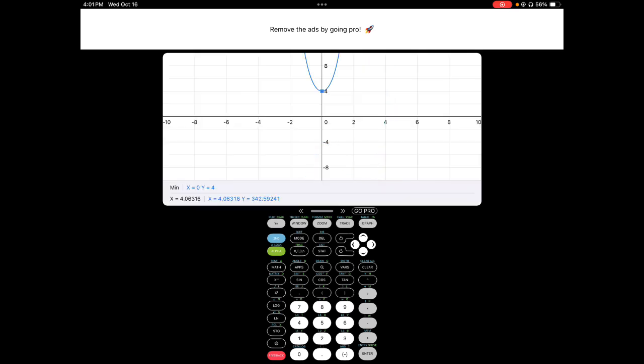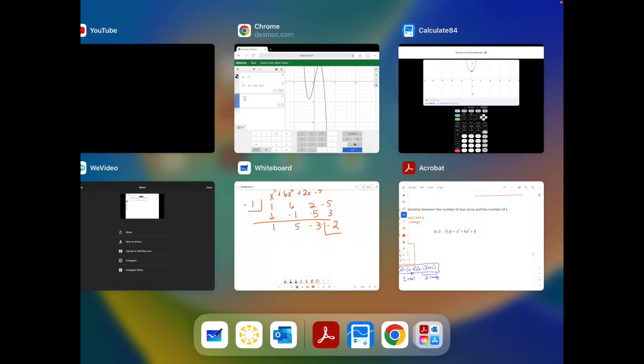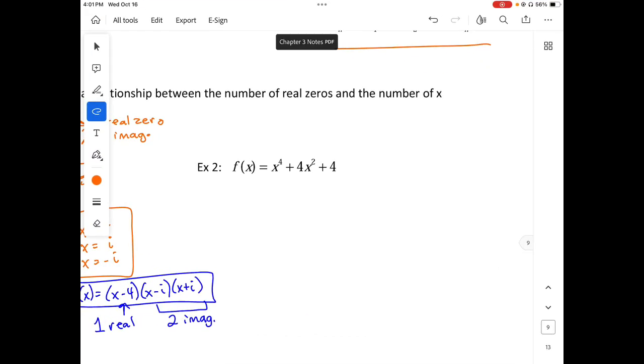Right away I see there are no x-intercepts, so that means we have no real roots. Roots, zeros are all the same thing, all different names. It kind of looks like this, and this is at 4. So we are going to have 4 imaginary roots.